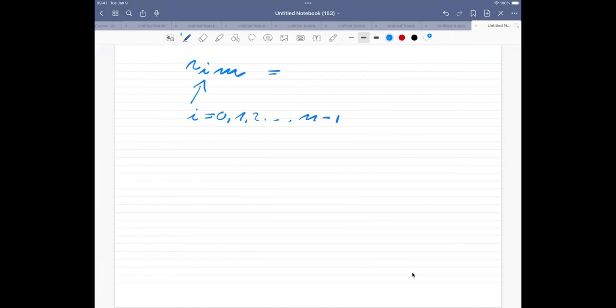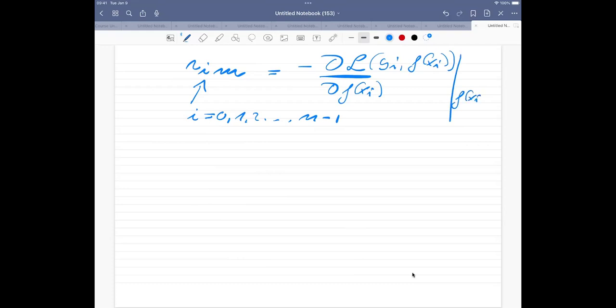And this function is given as minus the derivative of the loss function for this variable x_i, so we have y_i and f of x_i. And this is always evaluated at the previous value, so this is given by f_{m-1} of x_i.